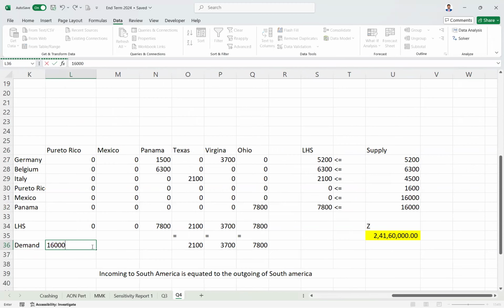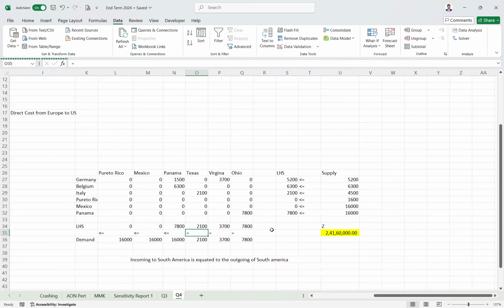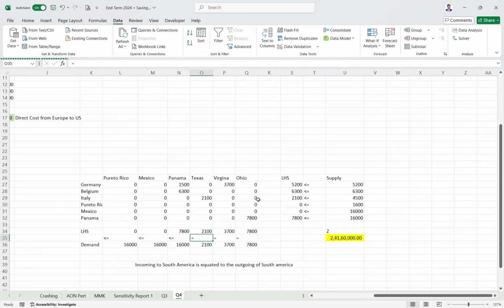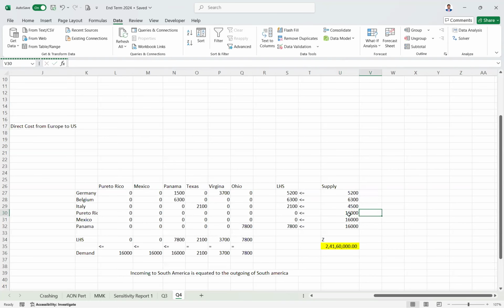It's way too beyond, I guess. I might have made some error. You have written 1600, right, in supply? Sorry, 1600. Okay, okay. Thank you.